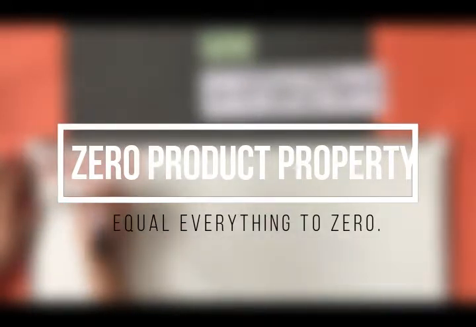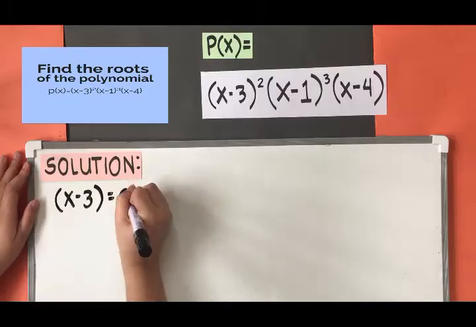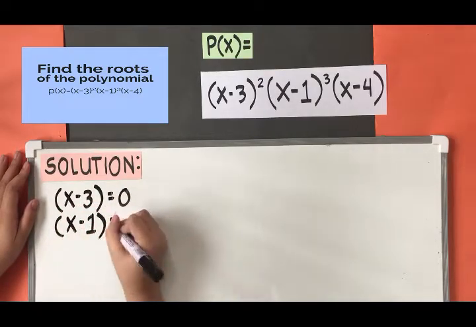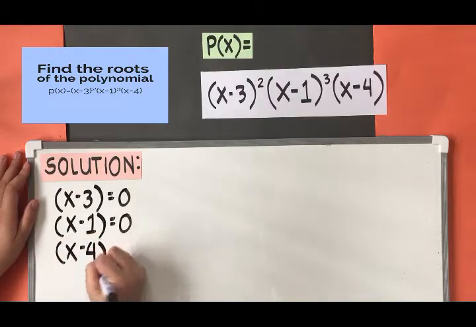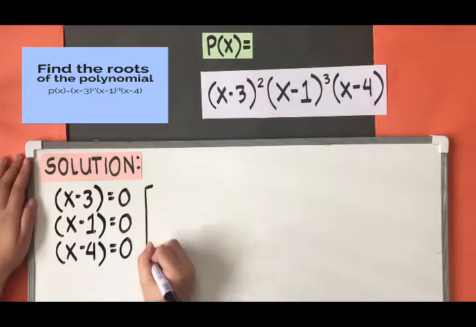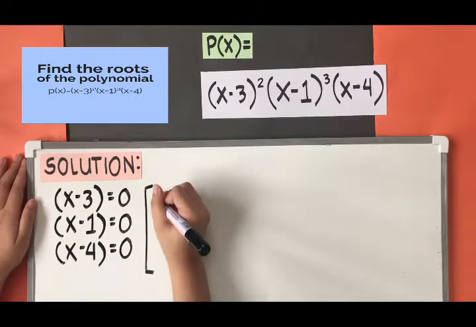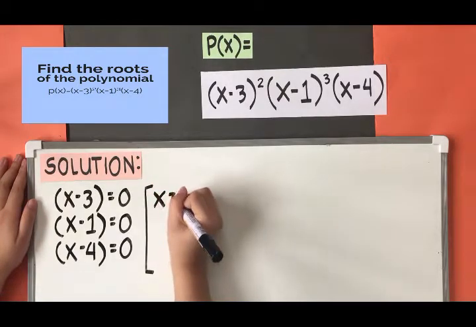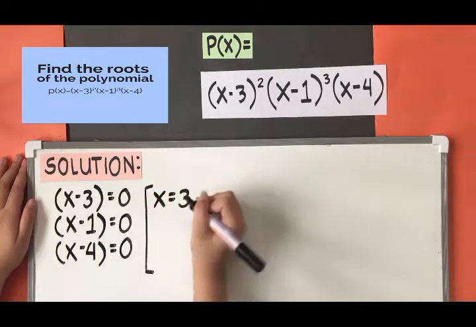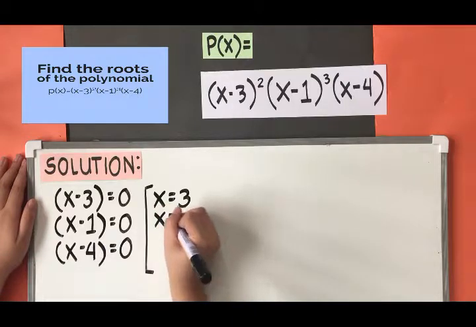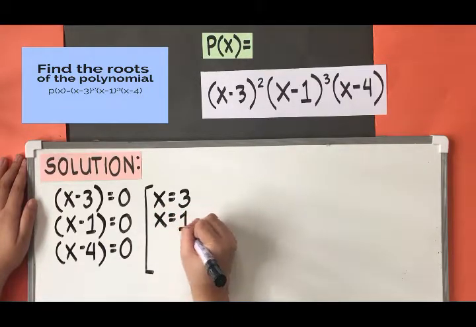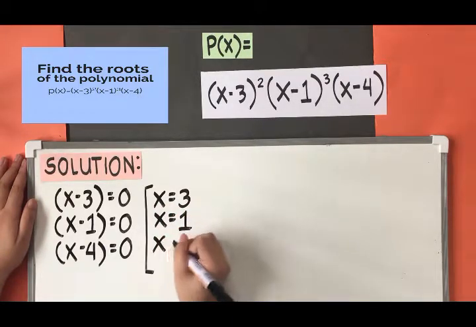And that means we get the value of the x. So we get x is equal to 3, x is equal to negative 2, and x is equal to negative 1.